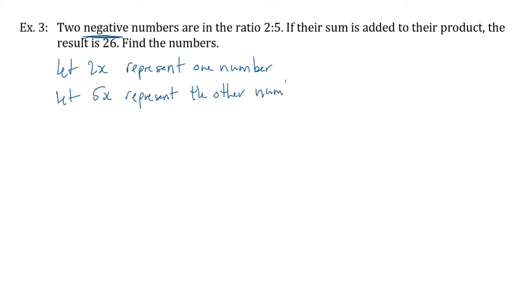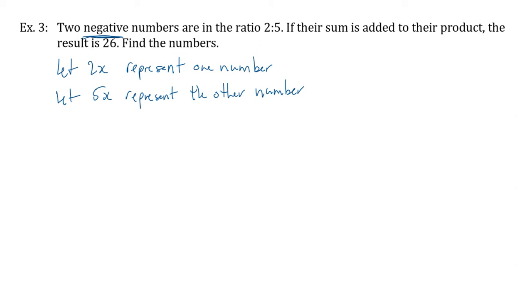Hopefully you noticed that the reason I chose 2 and 5 is because of that ratio. That ratio is going to change every time, but it's always going to be each of these numbers times x in your let statements. So if it was 3 to 7, it would be let 3x represent and let 7x represent. That's always how you're going to do it.